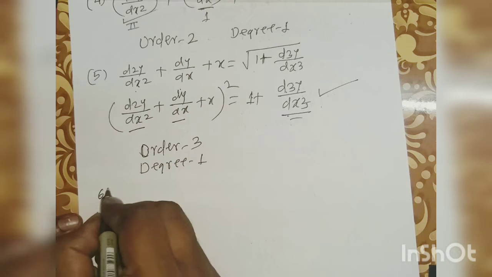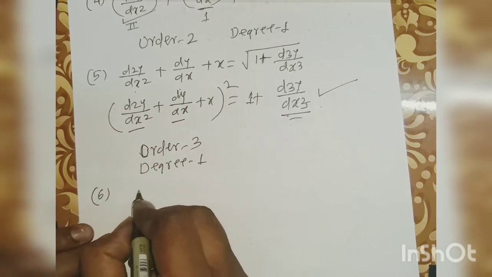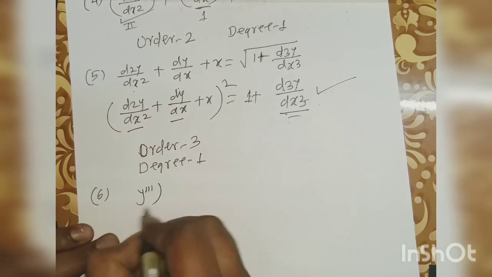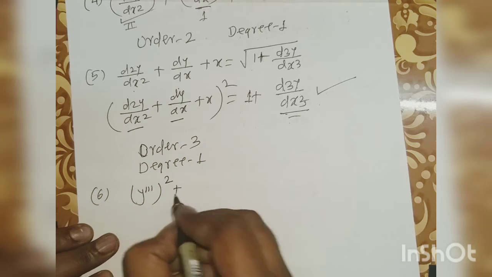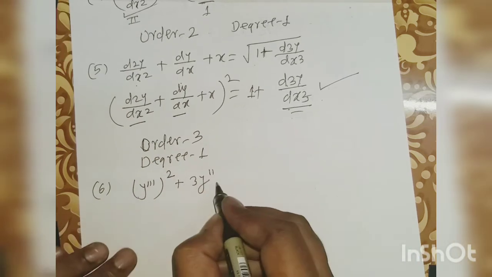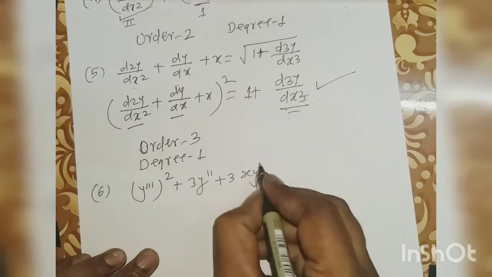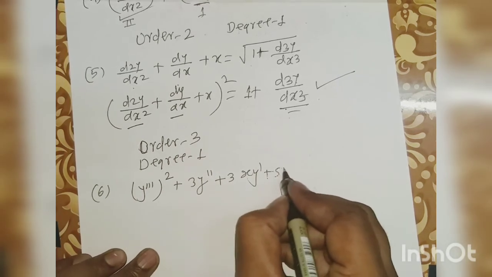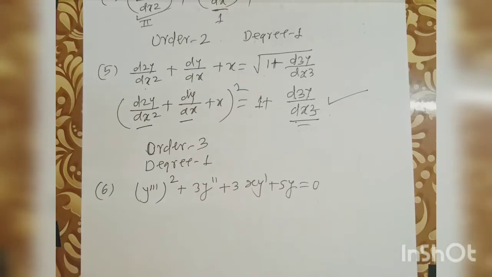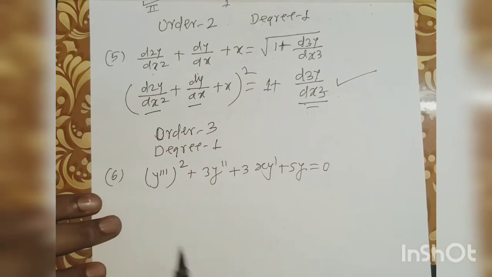Now next, sixth example, (y triple dash) bracket square plus 3y double dash plus 3xy dash plus 5y is equal to 0. Now which is also a differential equation but in a different form.